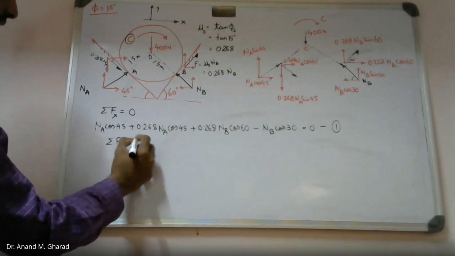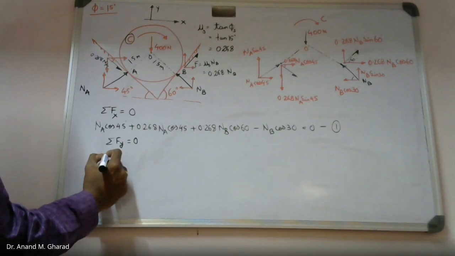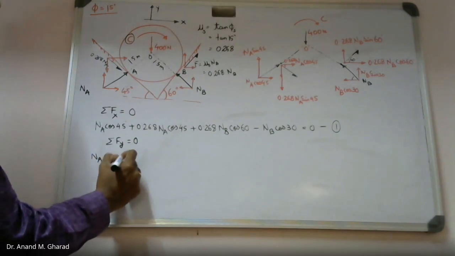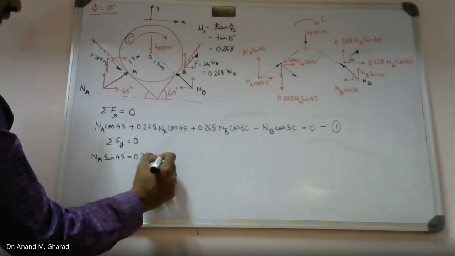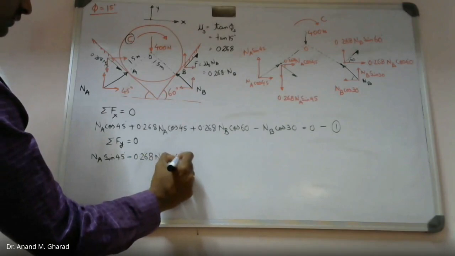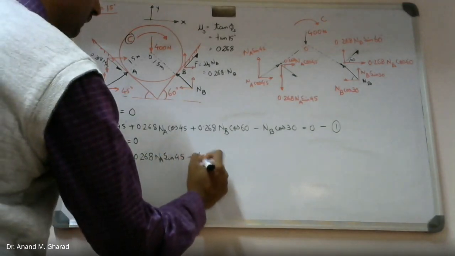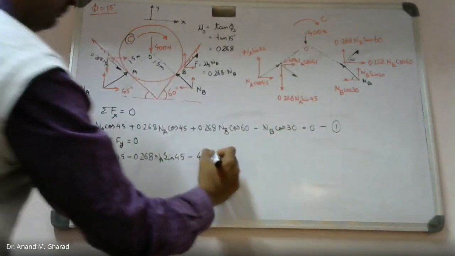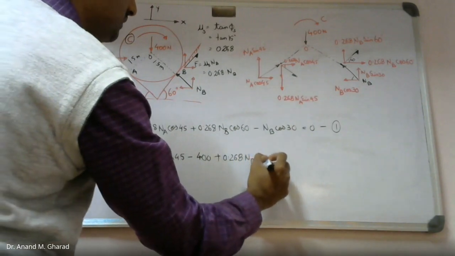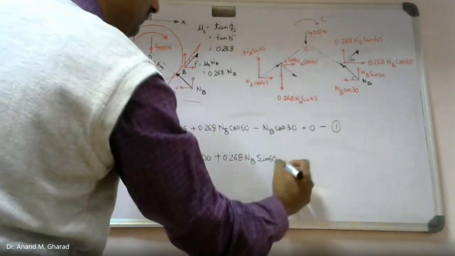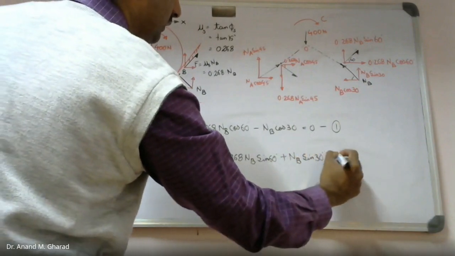Summation of forces in y direction equal to 0. So these values NA sin 45 minus 0.268 NA sin 45, then minus 400 this value plus 0.268 NB sin 60 positive, then plus NB sin 30 equal to 0.